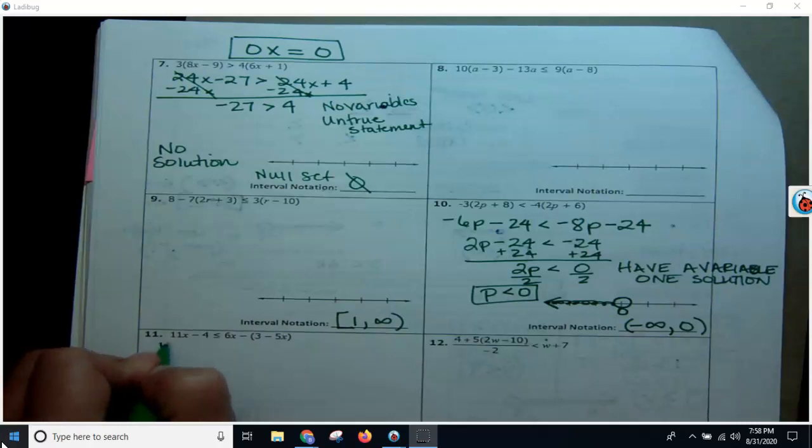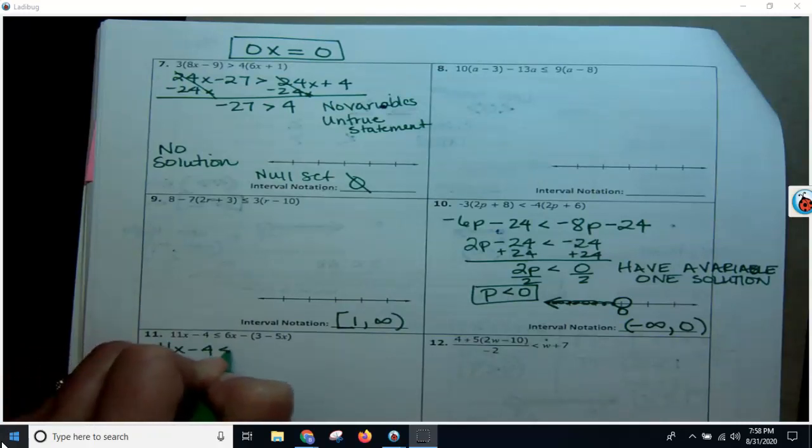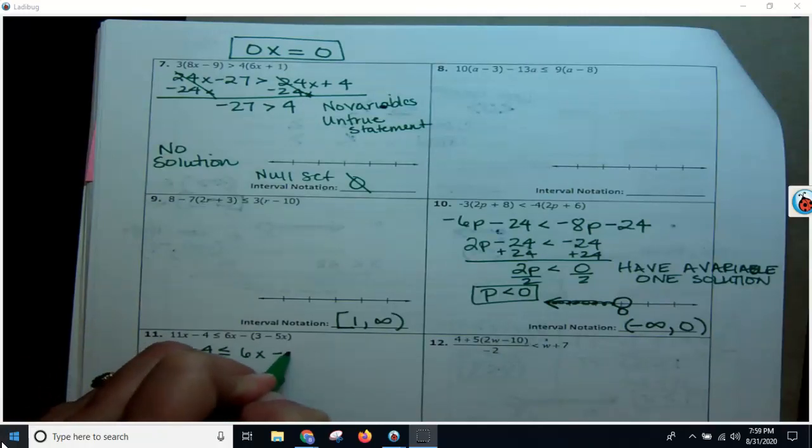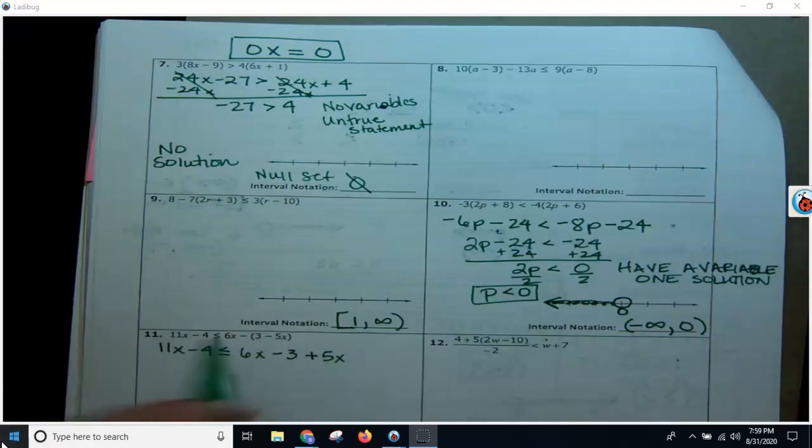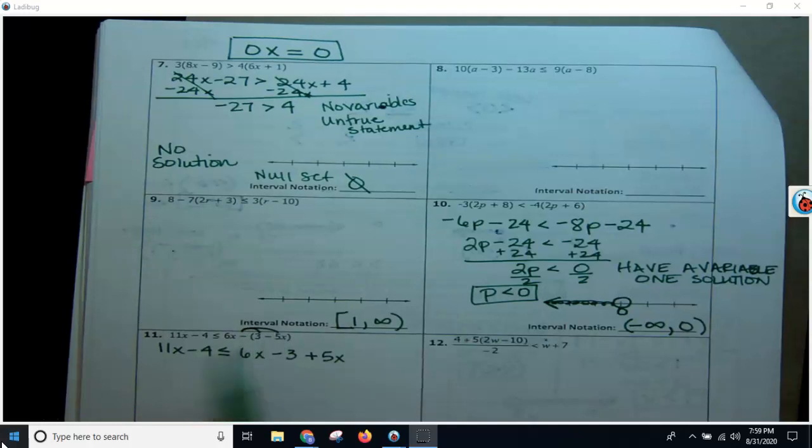This is 11x minus 4 less than or equal to 6x minus 3 plus 5x. And the way I get that plus 5x is because I'm multiplying everything by negative 1. Negative 1 times 3 is negative 3. Negative 1 times negative 5x is positive 5x.